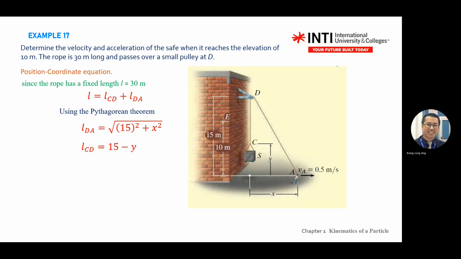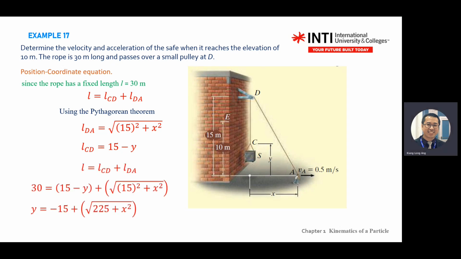You have one equation which is linked to your y and x. You substitute this one inside here. The length is given, so 30 on the left-hand side. Then this one, we have x and y. You rearrange, you get 1 equals something. Okay, so it's a long equation. At the end, you get y equals something.